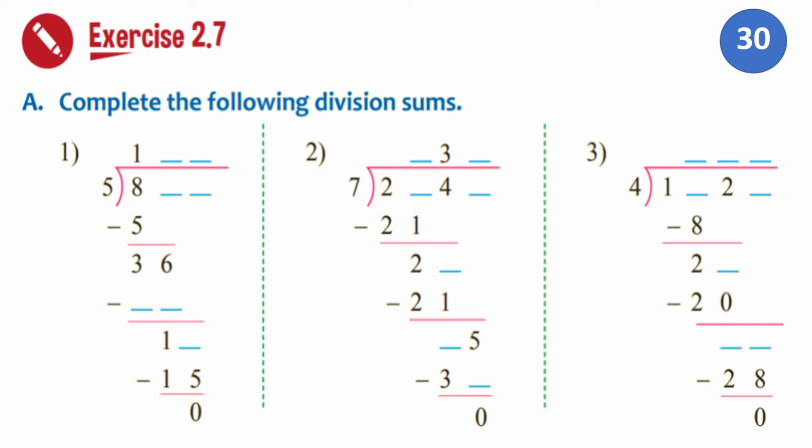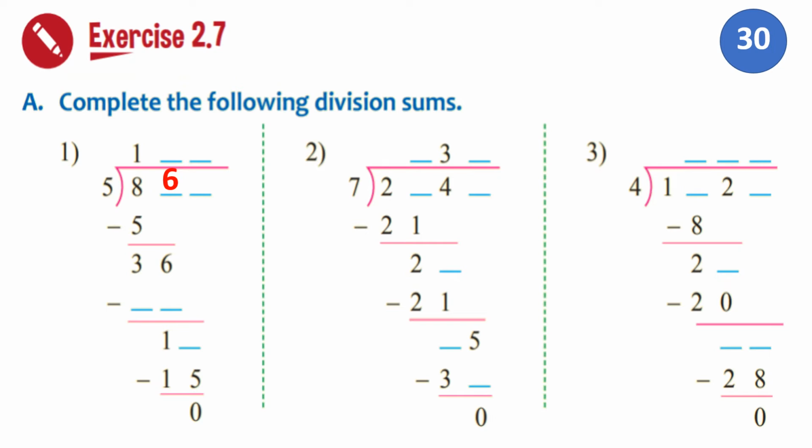8 divided by 5 is 1. Then 5 times 1 is 5. 8 minus 5 is 3. Then you have here 6. The 6 is the number brought down from above.